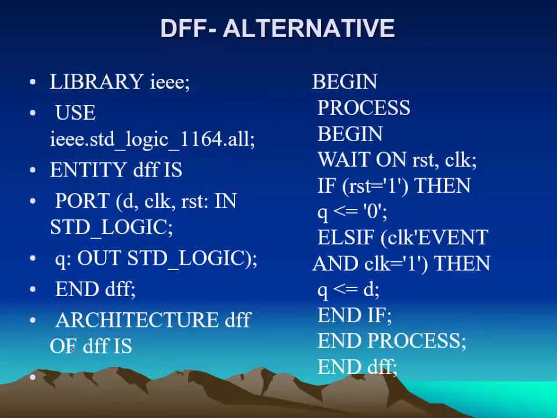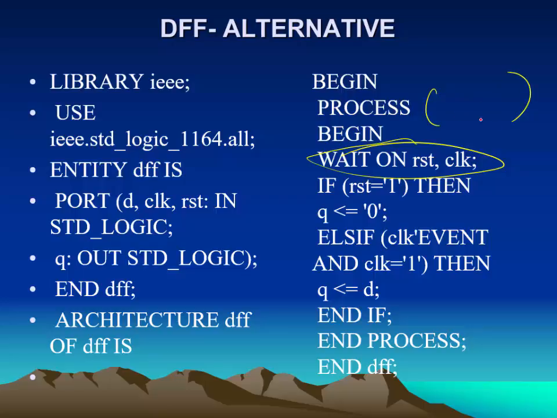Here's an alternative to it. This uses the wait on, reset, and clock. If reset is equal to 1, else if clock. I have never used this technique of doing the wait on. The wait on is very rarely used. But this is basically the same thing as putting in the sensitivity list.